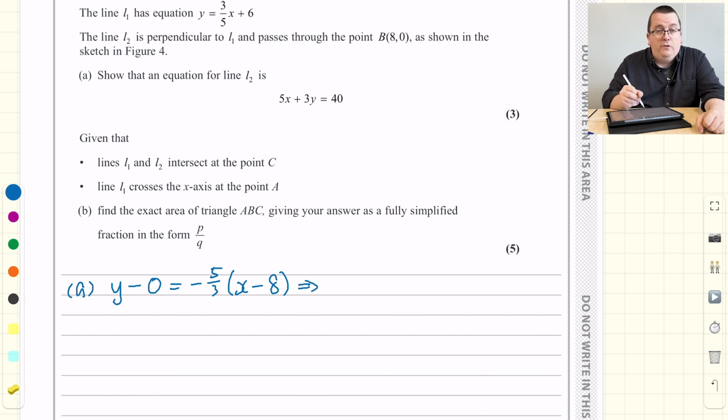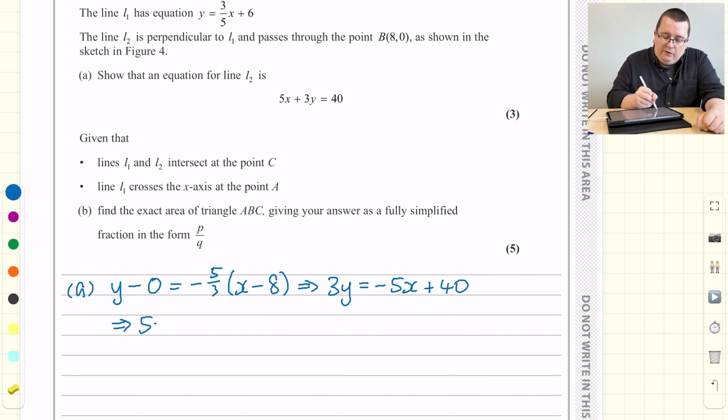So let's multiply through by 3, and we're going to get 3y is equal to minus 5x plus 40, and then add the 5x to both sides, and we get 5x plus 3y is equal to 40 as required.